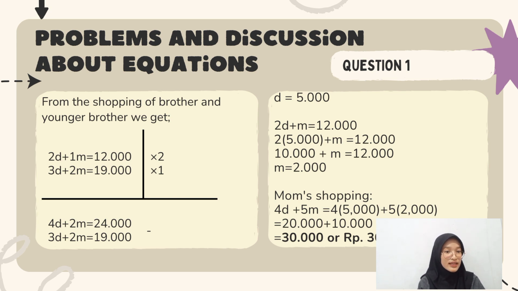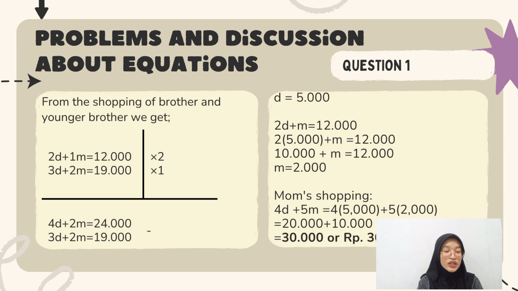So we can substitute D equals 5,000 into equation 1. So we get 2 times 5,000 plus M equals 12,000. 2 times 5,000 is 10,000, plus M equals 12,000.